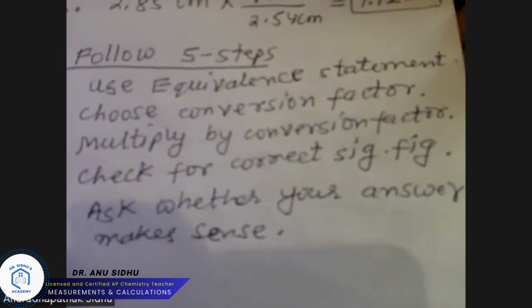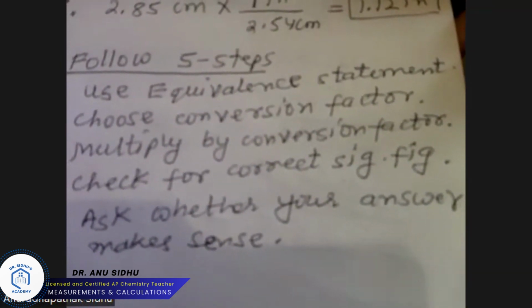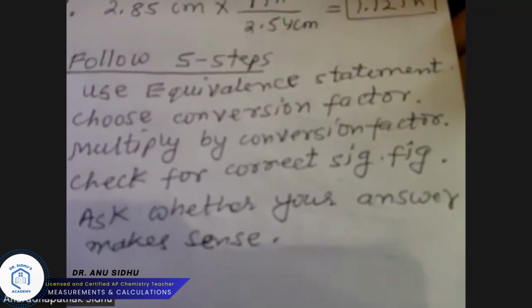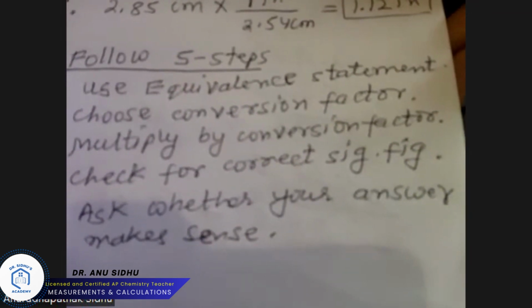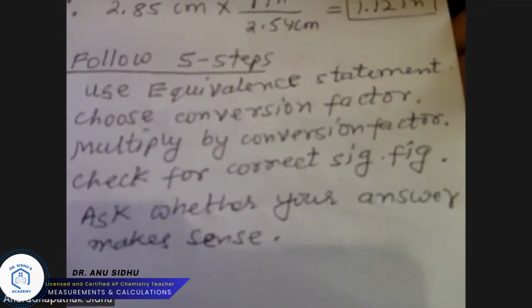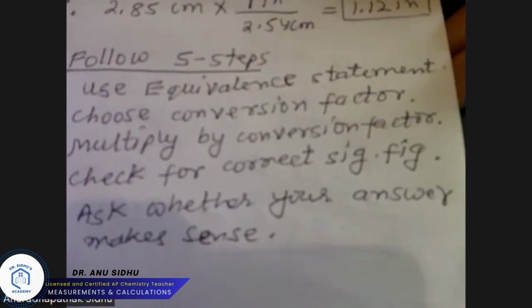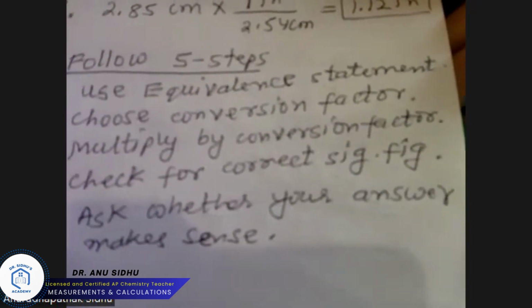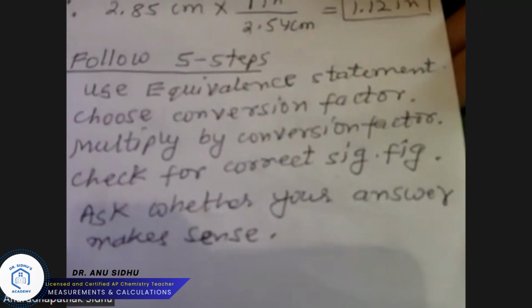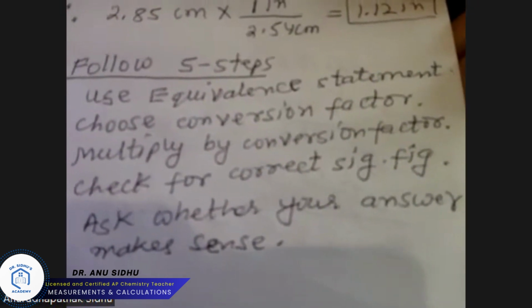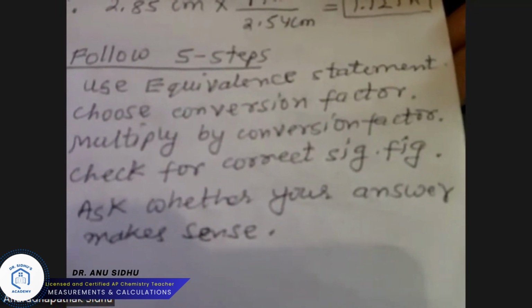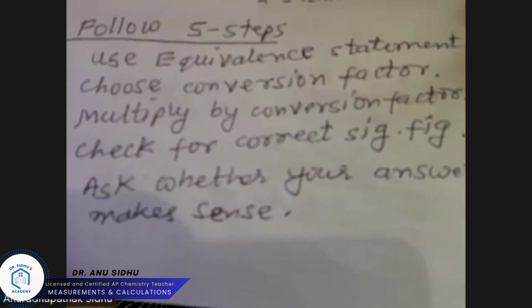Second, choose the appropriate conversion factor by looking at the different units required to change from one unit to the other. Third, multiply the conversion factor by the quantity which we need to convert to get the desired quantity. Fourth, check that you have the correct number of significant figures. And the last step is to ask whether your answer makes sense.